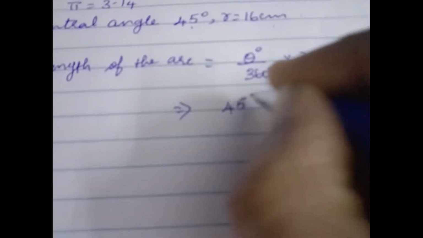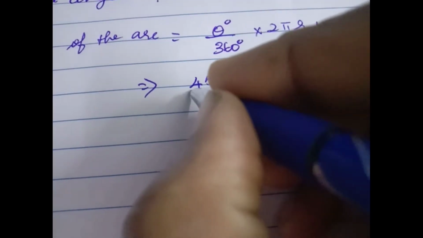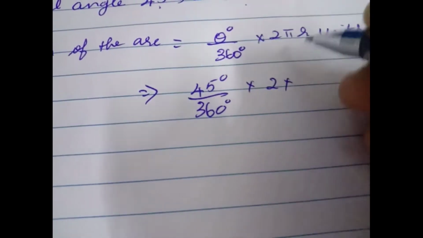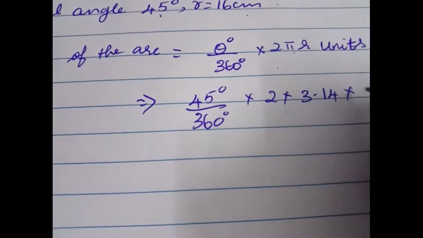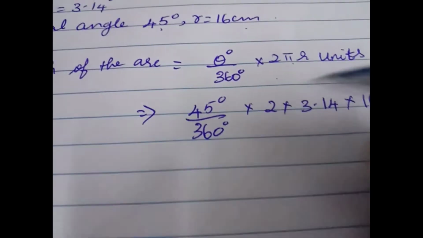Theta value they given 45 degree. Substitute the values: 45 by 360 into 2 into pi value 3.14 into r, they given 16. Okay, then cancel.